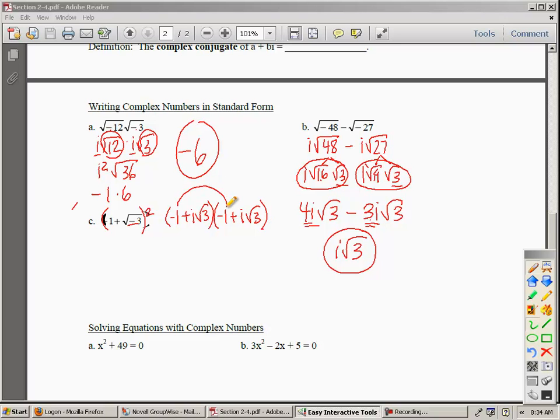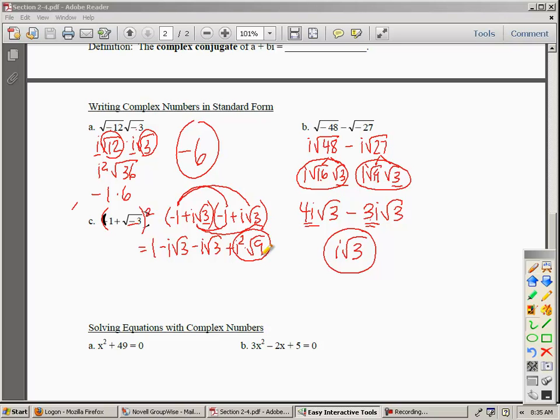Negative 1 times negative 1 is 1. Negative 1 times i square root of 3 is negative i square root of 3. i square root of 3 times negative 1 is another negative i square root of 3. And i square root of 3 times i square root of 3 is an i squared times the square root of 9, because I'd multiply these two together. Okay, now, I want to work with this guy a second.